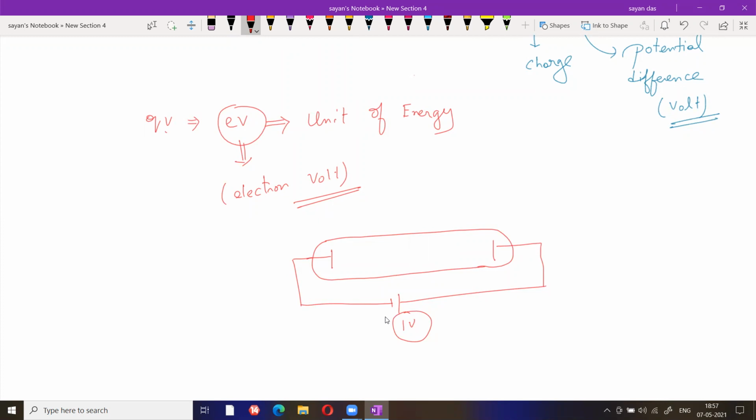It is the energy acquired by an electron when it is placed in an electrical field of potential difference 1 volt. Suppose an electron is present here and you apply 1 volt. In that case, the energy of this electron is represented as an electron volt.